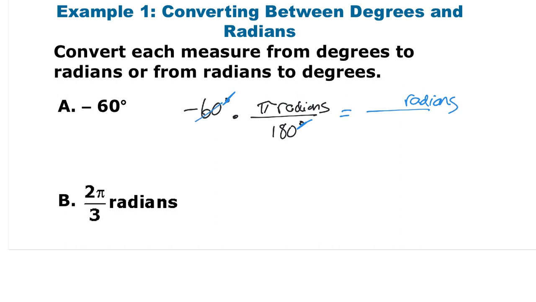As we multiply, we can simplify. 60 goes into 60 once, 60 goes into 180 3 times. I still have the negative, so I'm left with negative pi over 3 radians.